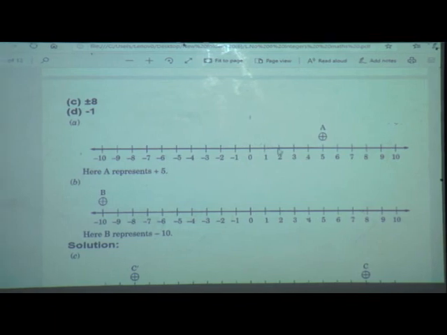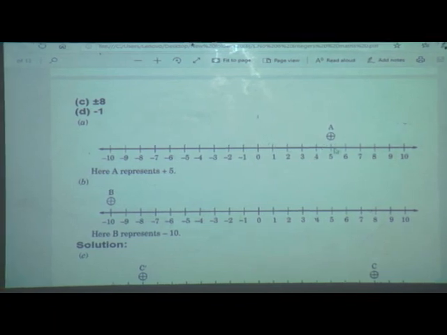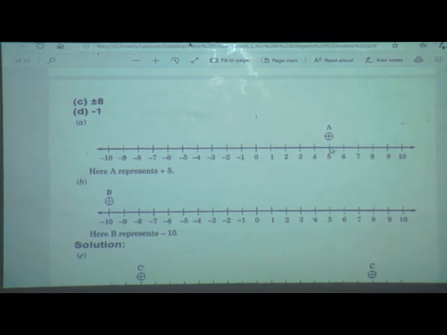So 1, 2, 3, 4, 5. So mark it here at point 5 and name it as A. So we can tell that here in this number line, A represents the point plus 5.